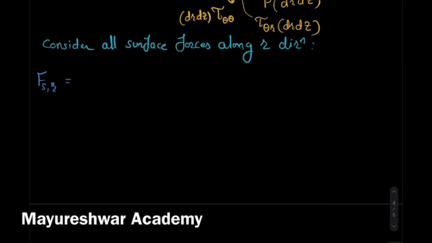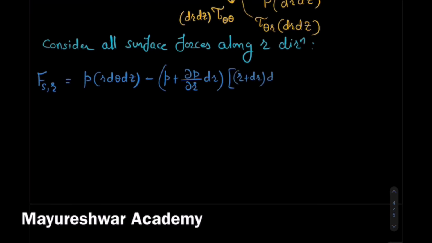So let us write down this component as FSR equals to, first is pressure component multiplied by r d theta dz, which is along r direction, and its rate of change along r plus dr multiplied by d theta and dz, that plane. Okay, so similarly we have normal stress component, which is tensile in nature. So this component, since acting will be negative, plus its rate of change.